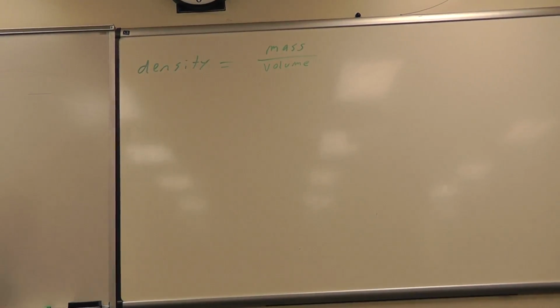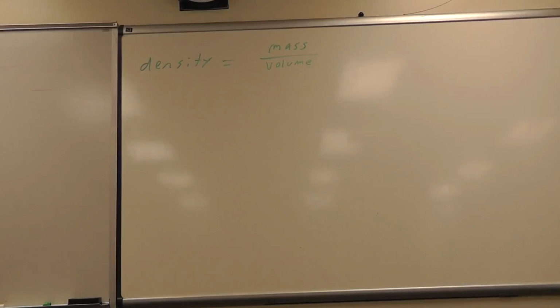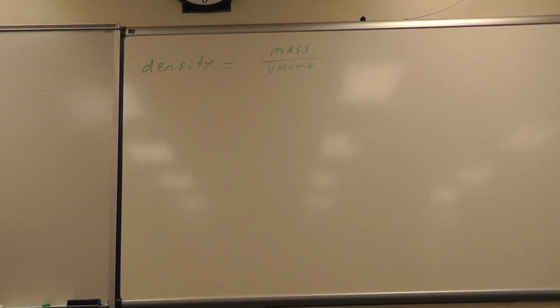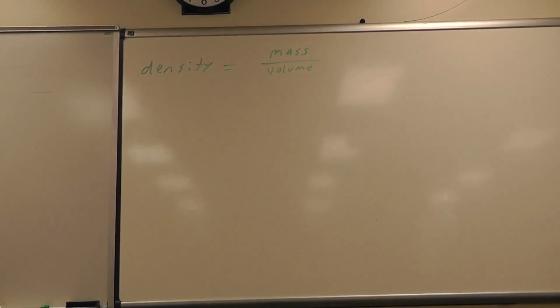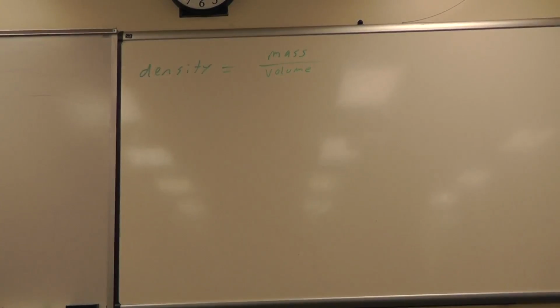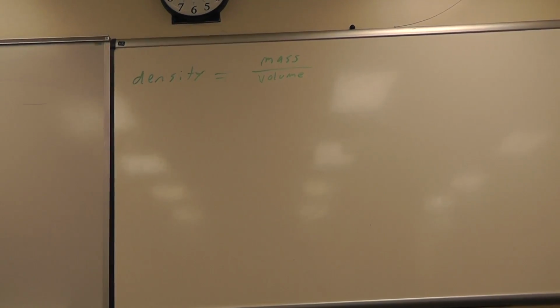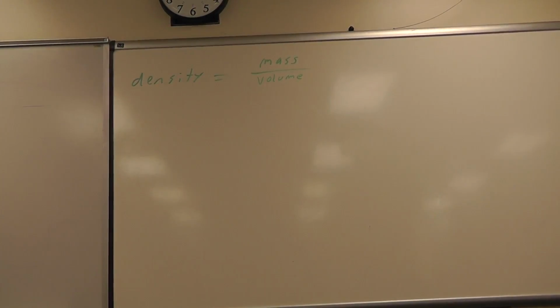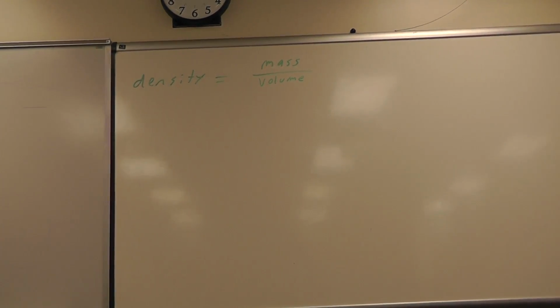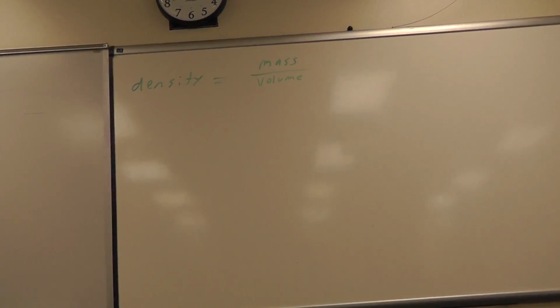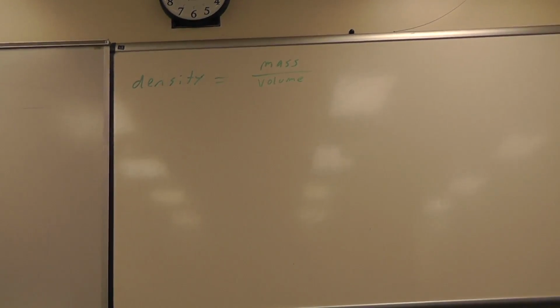Next week in lab, the experiment that you do is going to involve density. If you've had lab this week, you've got a little practice exercise with it, but next week's lab will give you even more with density. And that's because density, for liquids at least, is an identifying characteristic of the material.